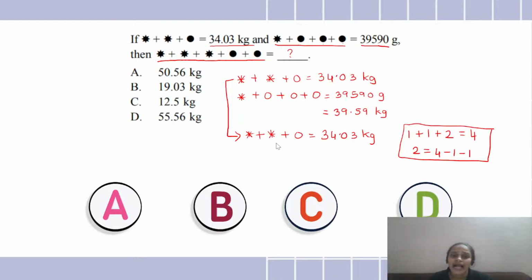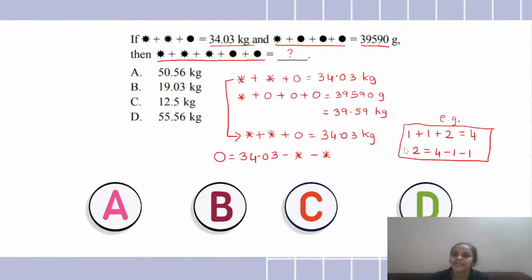So following this, I am going to convert this statement and keep my circle aside. So my circle here equals 34.03 minus star minus star. Okay, so clear up till here. This is the example.